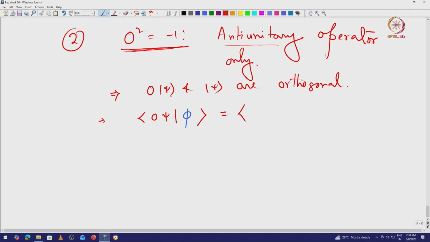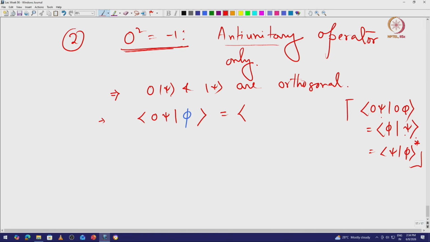This is equal to, as we have studied, under a symmetry, it changes the bra state to the ket state, or gives the complex conjugate. That is the definition we studied.